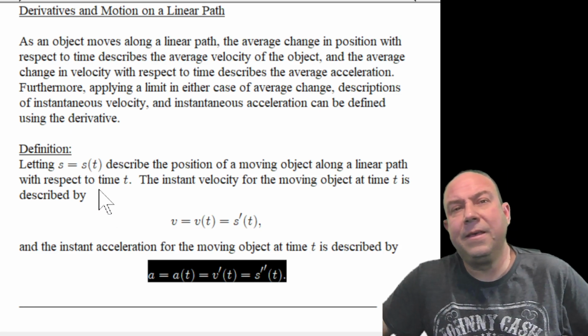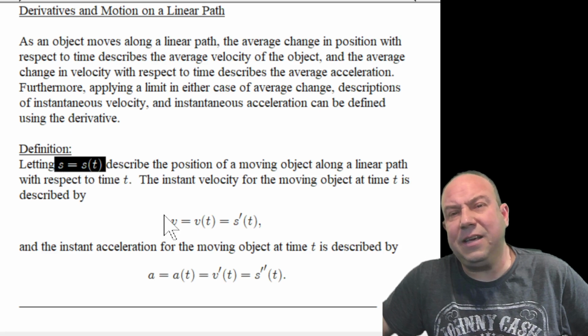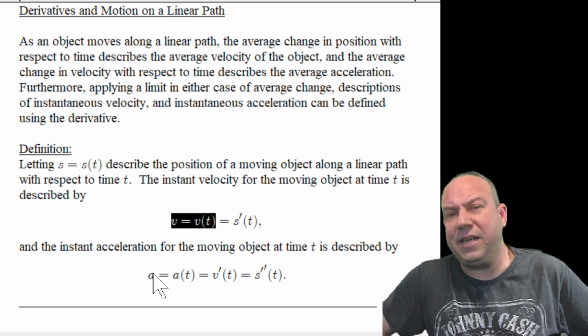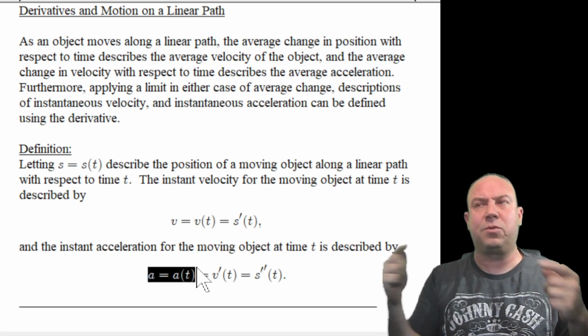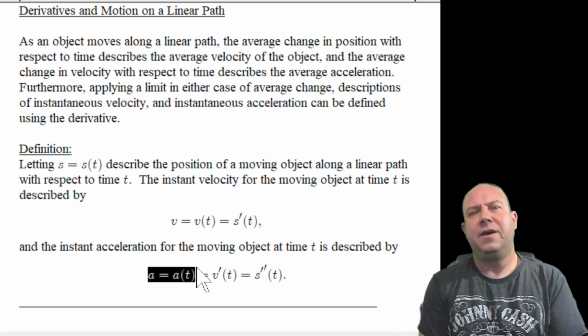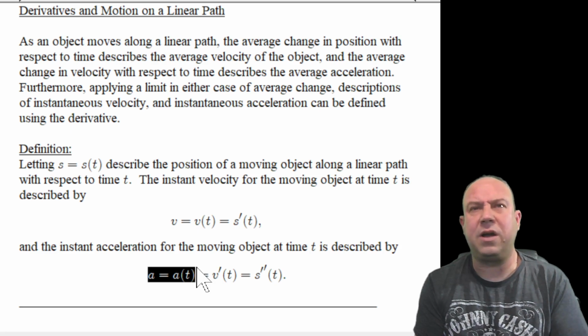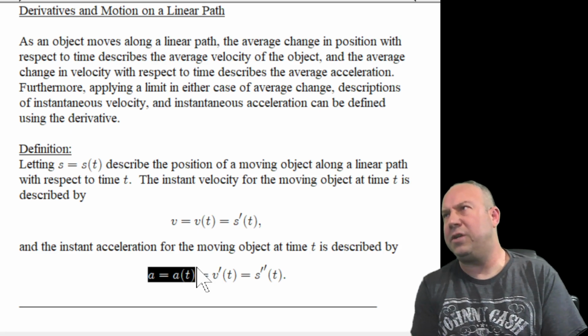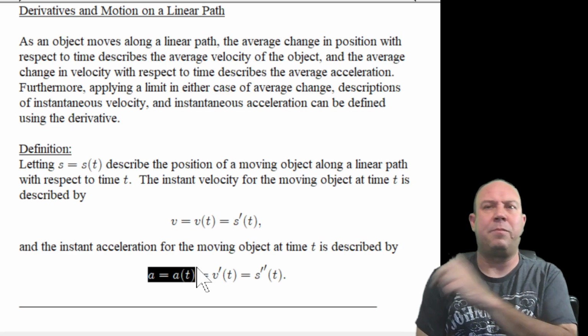With s equal to s of t, v equal to v of t, and a equal to a of t, these three functions primarily give us a summary of any sort of functional description for an object moving along a linear path.